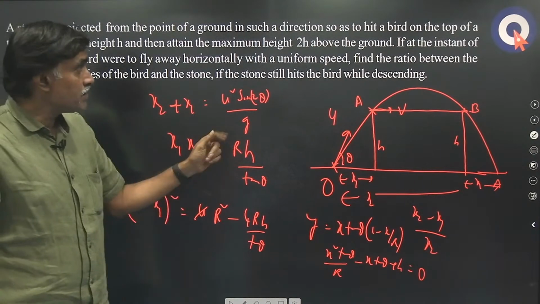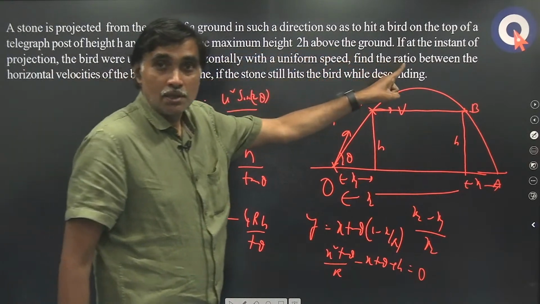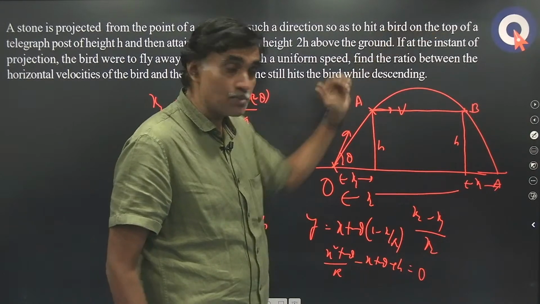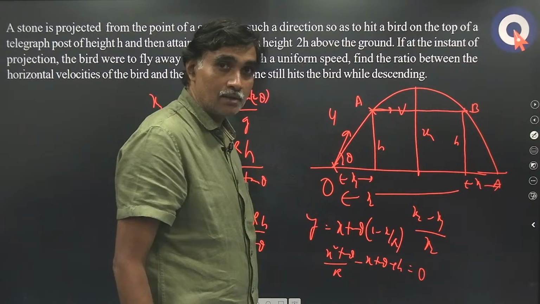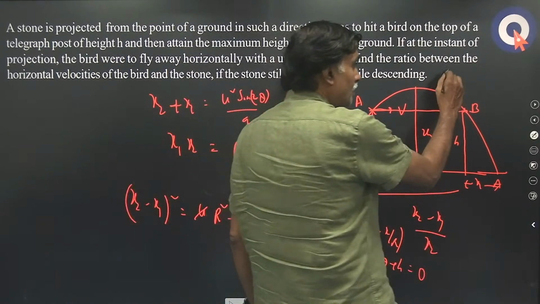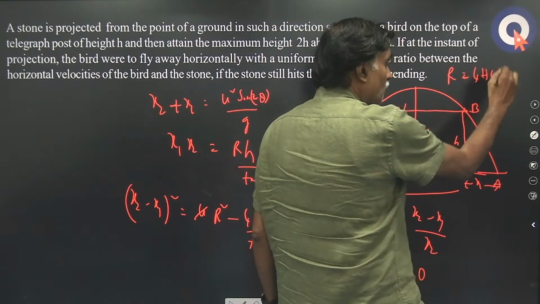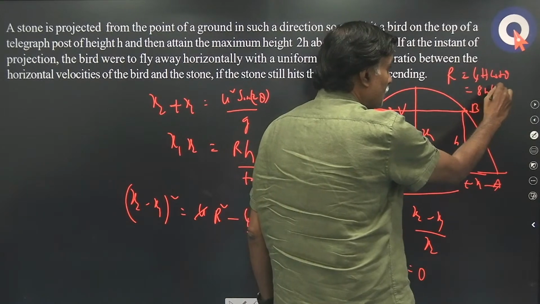But what is given in the question? Another piece of information: and then attain the maximum height of 2h. So it misses this bird here, but later on goes to a maximum height of 2h. What is the relation between maximum height and range for a projectile? R equal to 4H cot theta. But what is H here? 2h. So this is 8h cot theta.